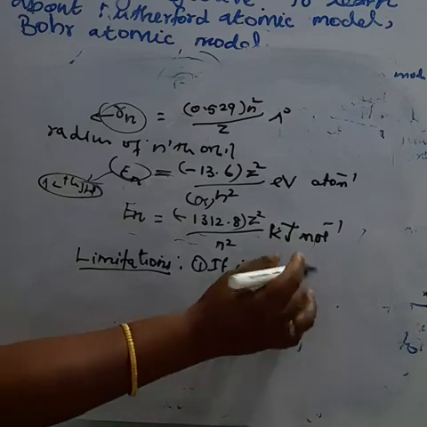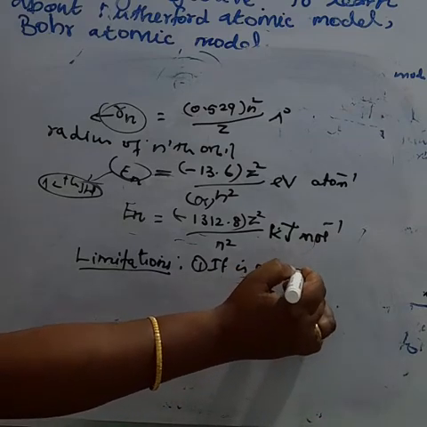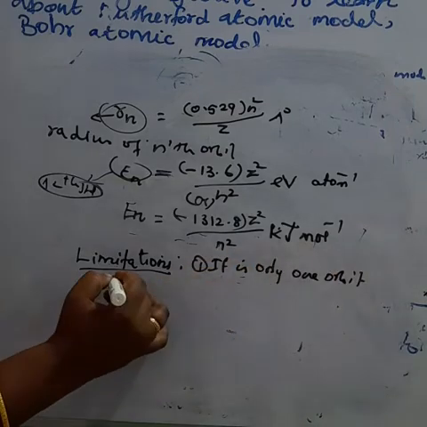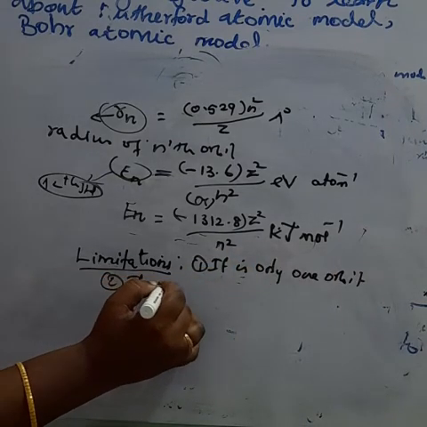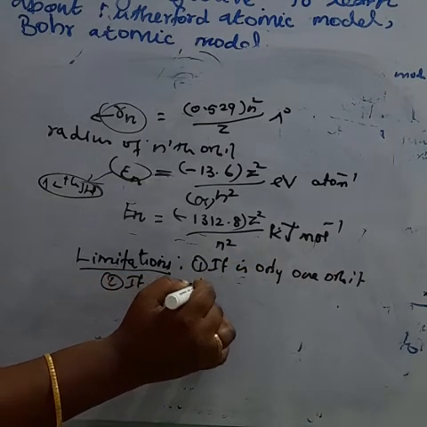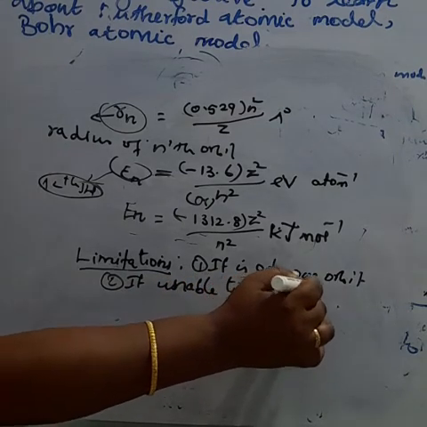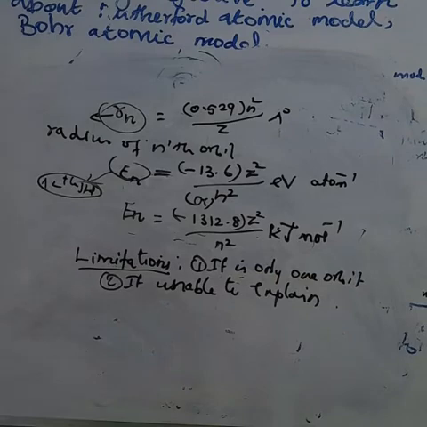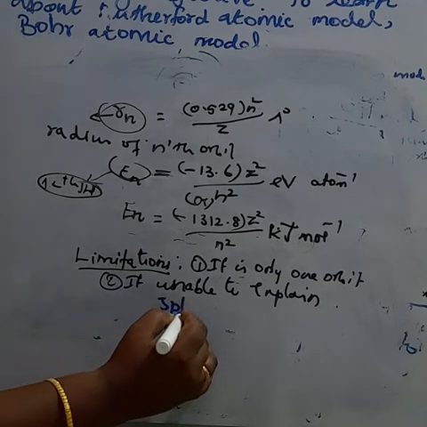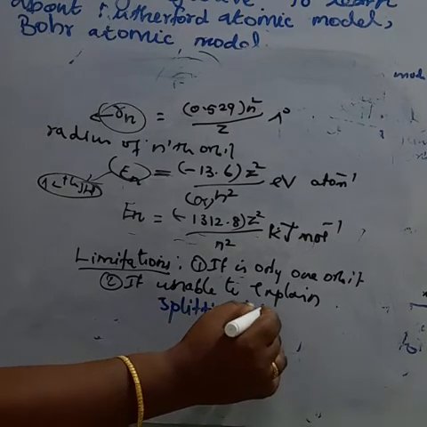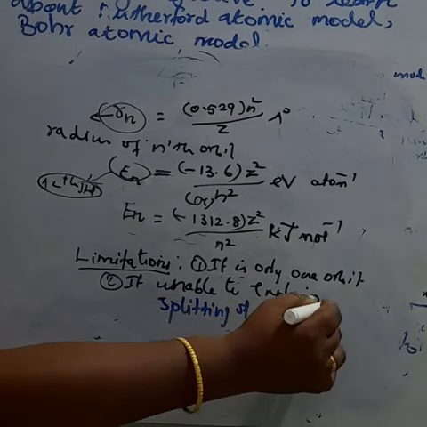Okay, one electron. And secondly, it was unable to explain the splitting of spectral lines in a magnetic field or electric field. What do you mean by spectral line? Dark or bright lines by emission or absorption of light. When emitting or absorbing light, the atoms give spectral lines.